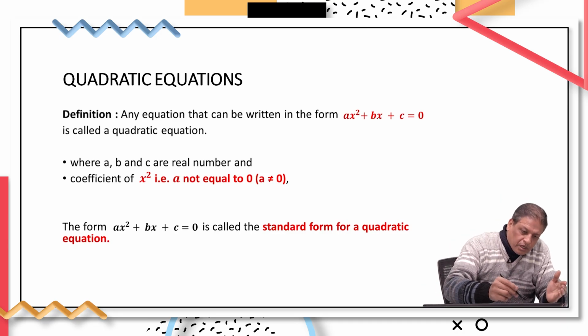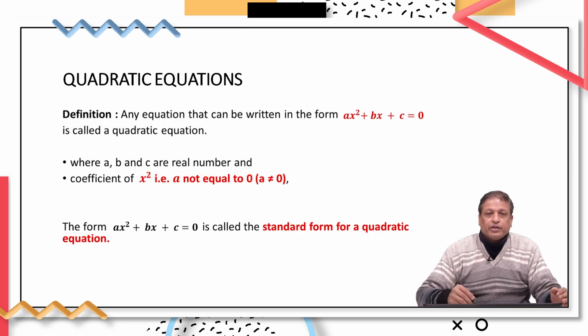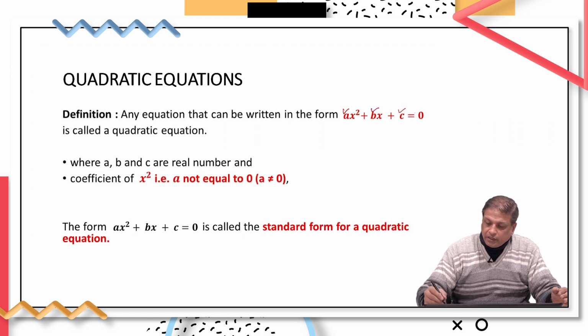We need to understand the coefficients a, b and c, where c is a constant, b is the coefficient of x, and a is the coefficient of x square. Now a should not be equal to 0.